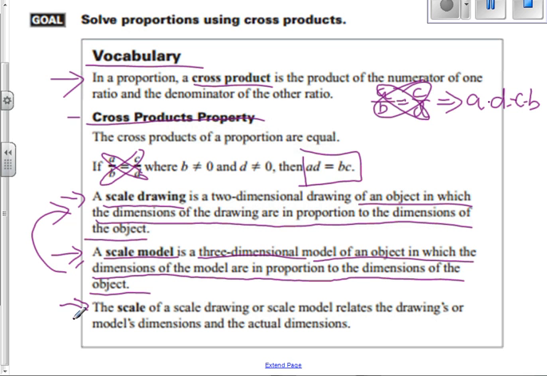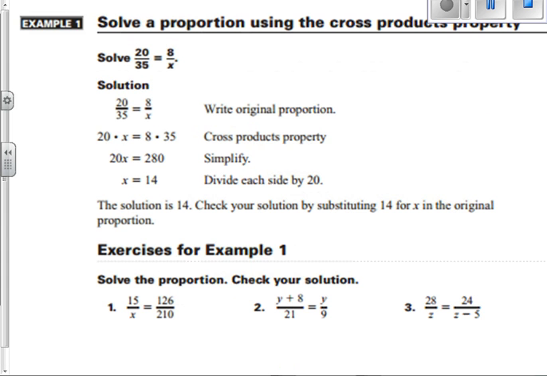The scale of a scale drawing or a scale model relates the drawing's or model's dimensions to the actual dimensions, okay? So the scale factor relates your drawing or your model to the actual figure itself. So that's the scale. Let's move on.